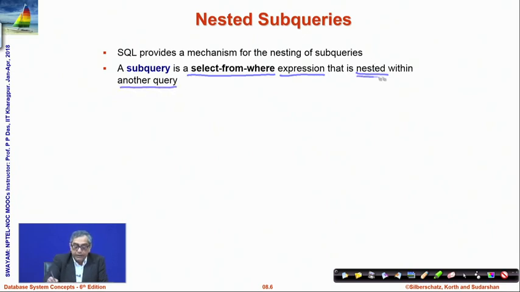It is nested within another query, and that is the reason it is called a subquery. So, it by itself is not the result. This is a select from where expression that will be used in a nested form in some other query to actually generate the result.